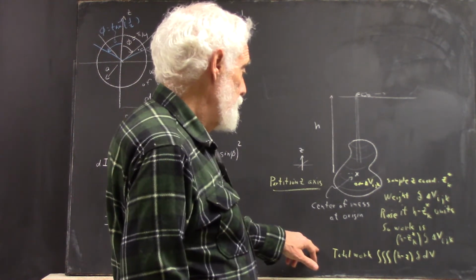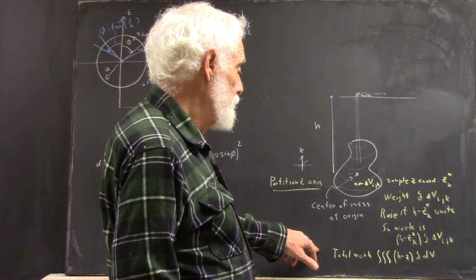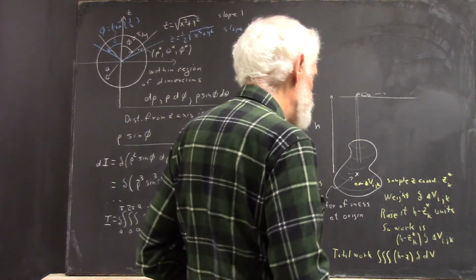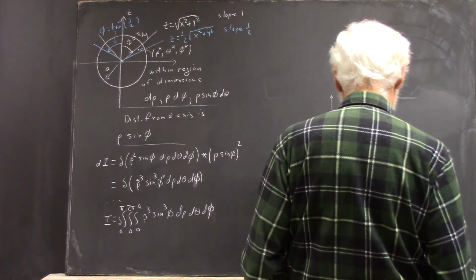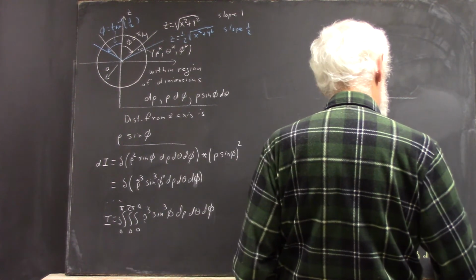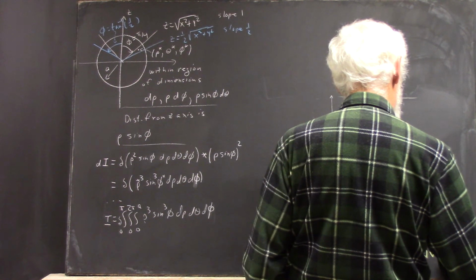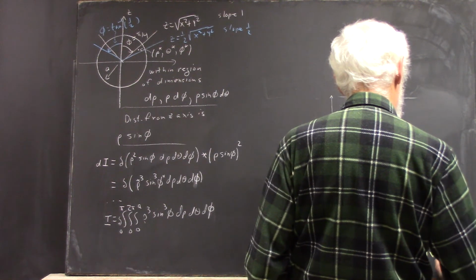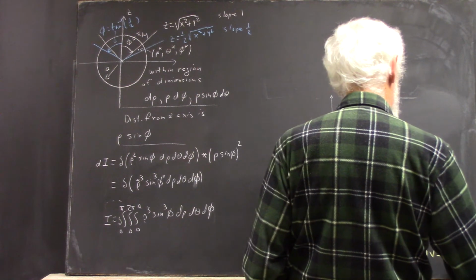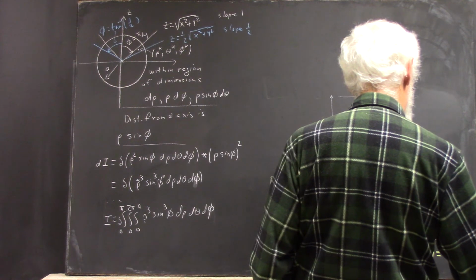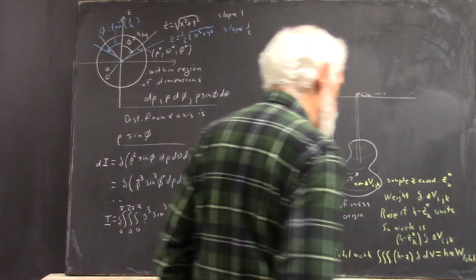So that's pretty straightforward. We want to show that that's equal to h multiplied by the total weight.